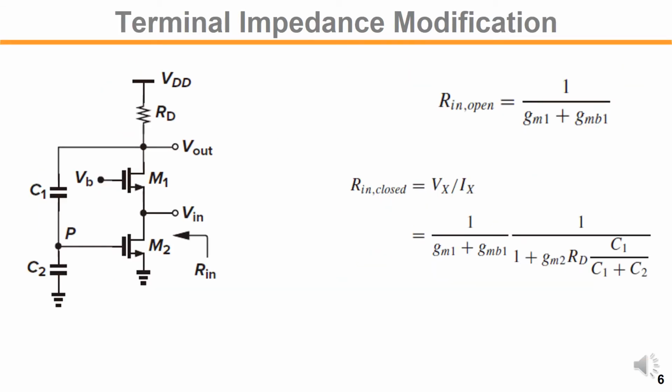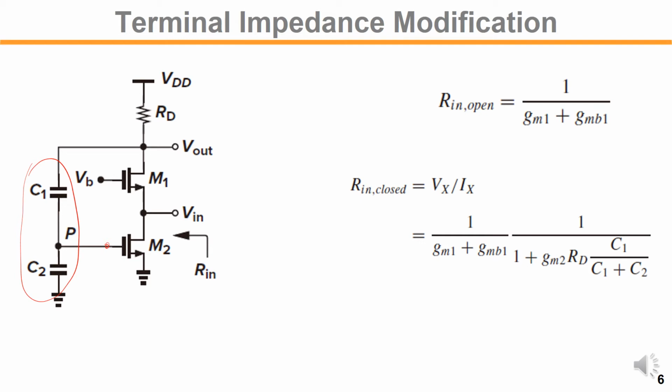Another characteristic of the negative feedback is that it changes the terminal impedance. For example, if you have a negative feedback through the C1 and C2 in this circuit, this is the common source amplifier with the cascode.